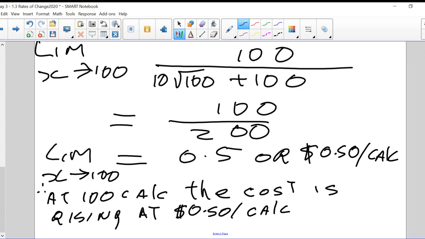Okay, there we go. 50 cents per calculator. That's what it's costing per calculator at that point.